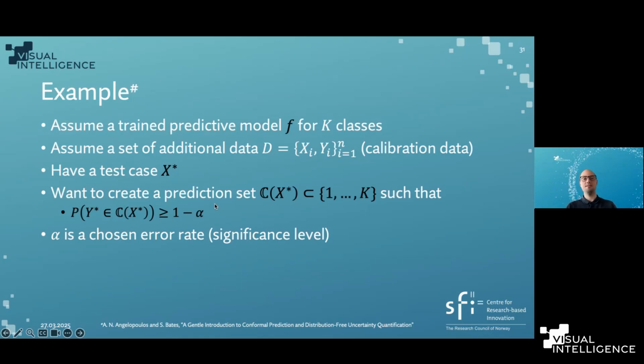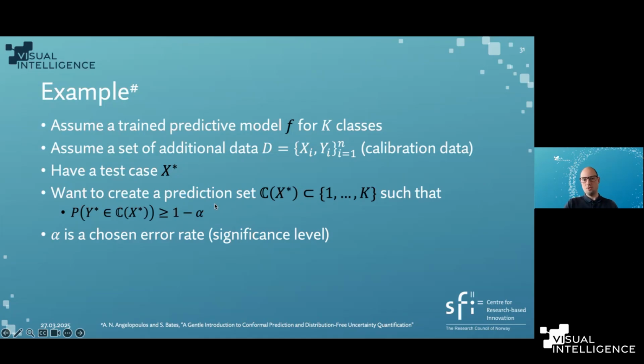And then you have a test case X star, and you want to create a prediction set for X star such that the probability that your prediction set contains the correct class is at least 1 minus alpha, where alpha is a chosen error rate or significance level.